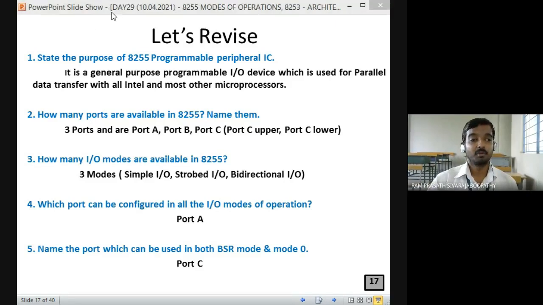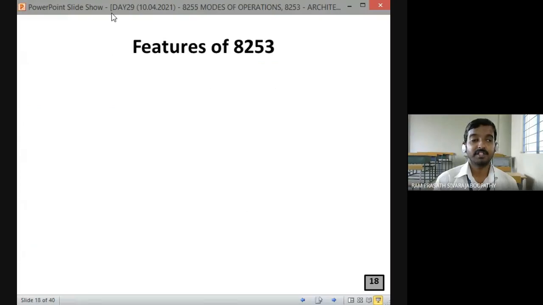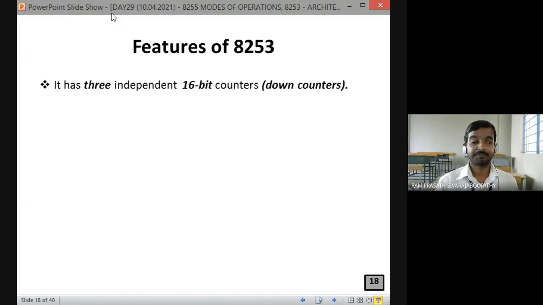Now we will move to the next peripheral IC 8253. Fine. The architecture of 8255 will be more or less the same in 8253. We will see that. So it is going to have 3 independent 16-bit counters.